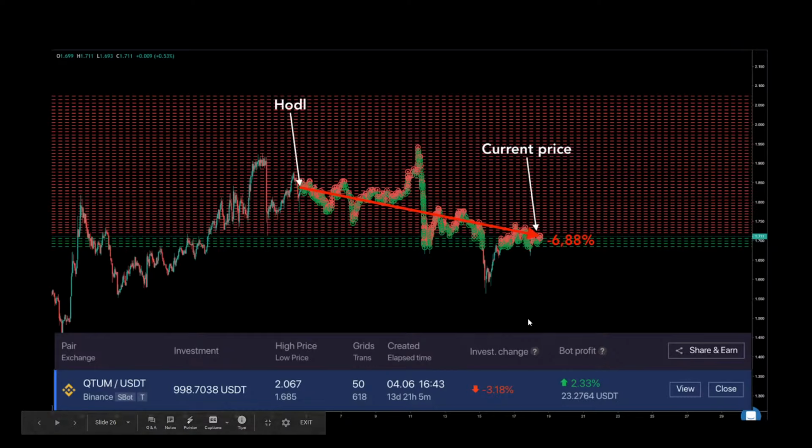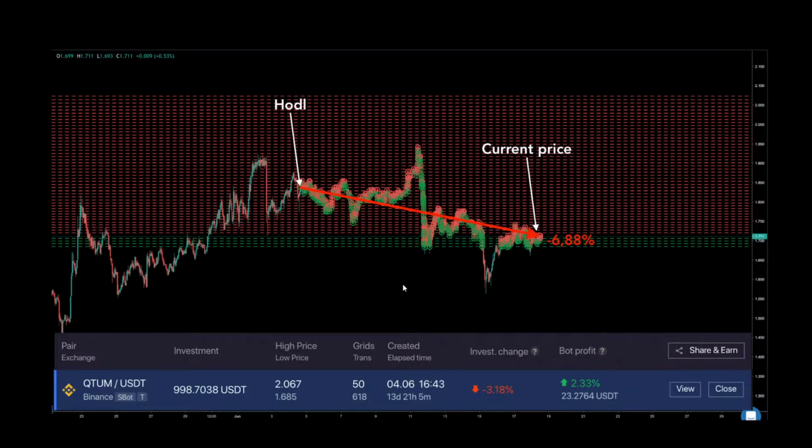So even though on the downfall you will of course have a negative investment change because the crypto falls, it's still better than if you would just buy the crypto and hold it in your portfolio. Make sure that you stick with the proper strategy.